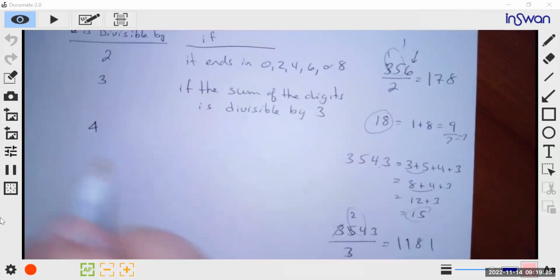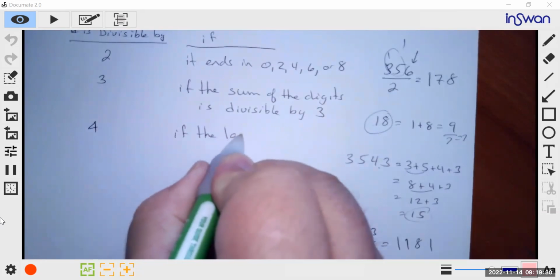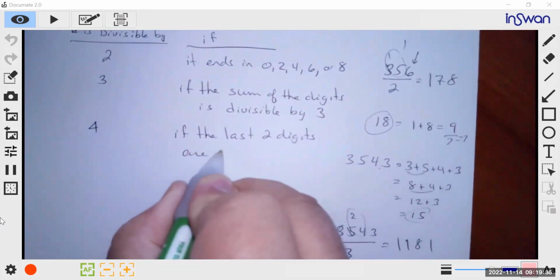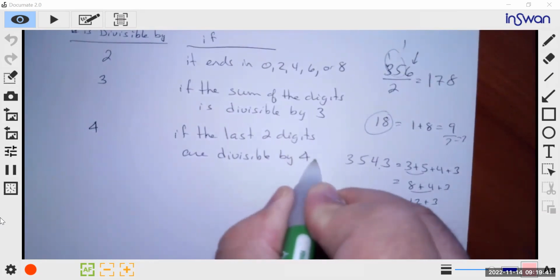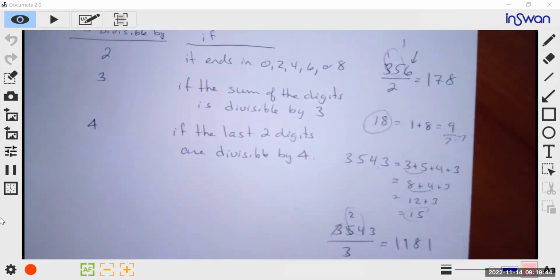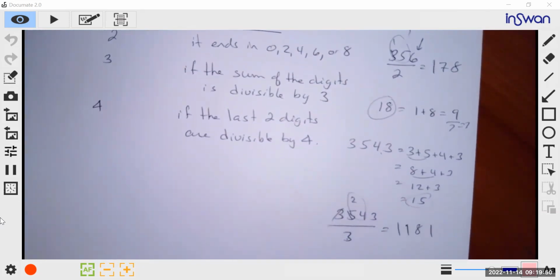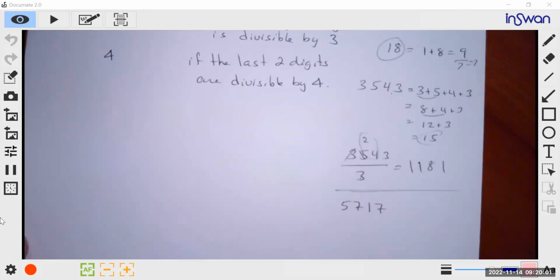It's divisible by 4 if the last 2 digits are divisible by 4. Is 5717 divisible by 4?